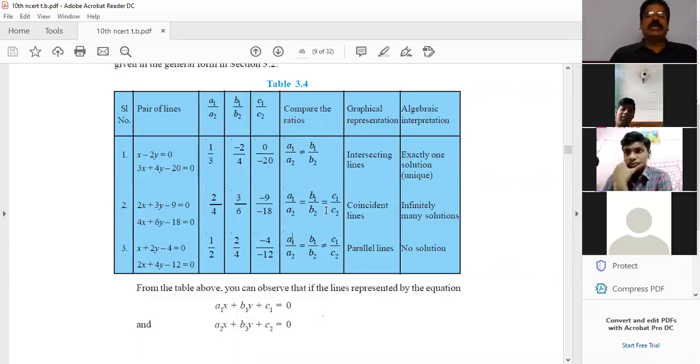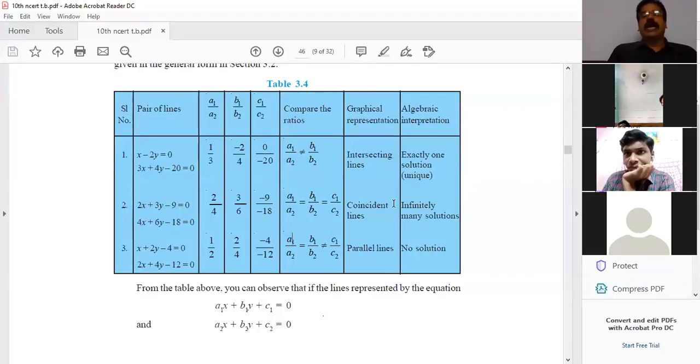See, the first condition is if a1 by a2 is not equal to b1 by b2, those equations are consistent, and the graphical interpretation is intersecting lines. Algebraic interpretation is exactly one solution, a unique solution. That is the first point. Second point, if a1 by a2 is equal to b1 by b2 is equal to c1 by c2, they are coincident. The graphical representation is coincident lines, the algebraic interpretation is infinitely many solutions.